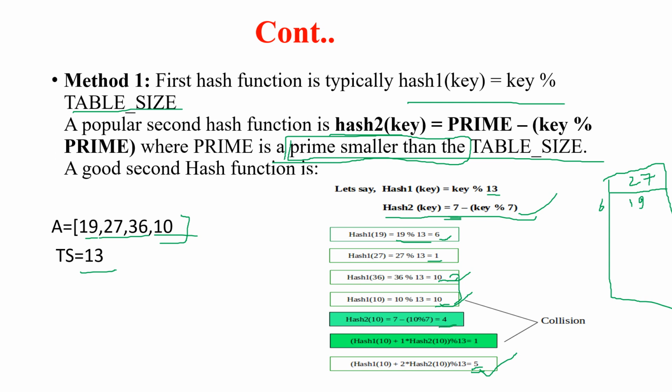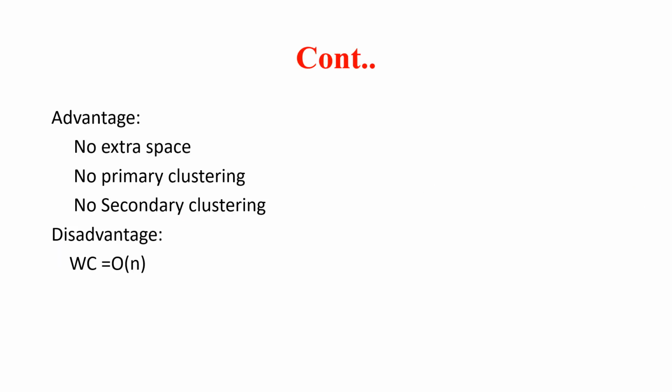Next I am going to explain the advantages and disadvantages of double hashing. The advantage is that there is no extra space, because you are calculating the new index using double hashing and utilizing the existing space.